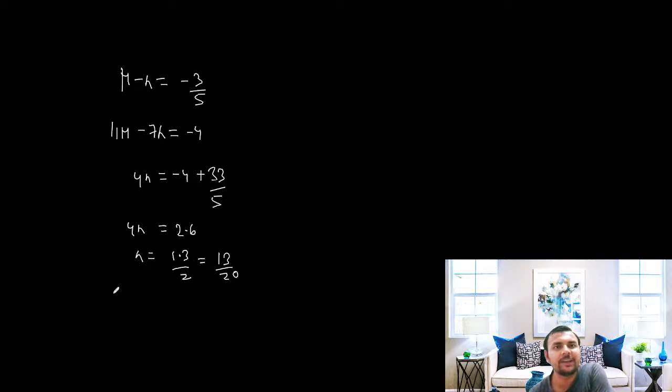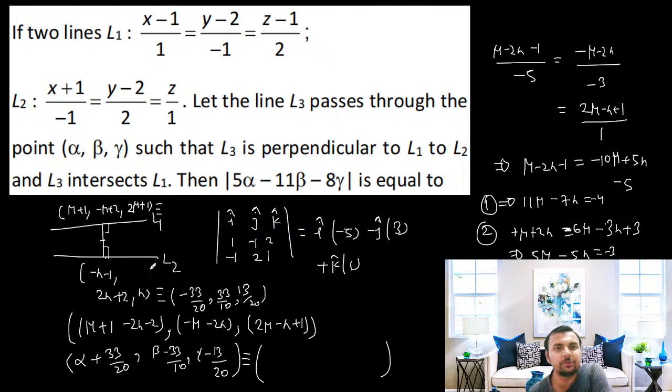If you put lambda here, mu is going to be 1 by 20. So mu is going to be 21 by 20, 39 by 20, 11 by 10.